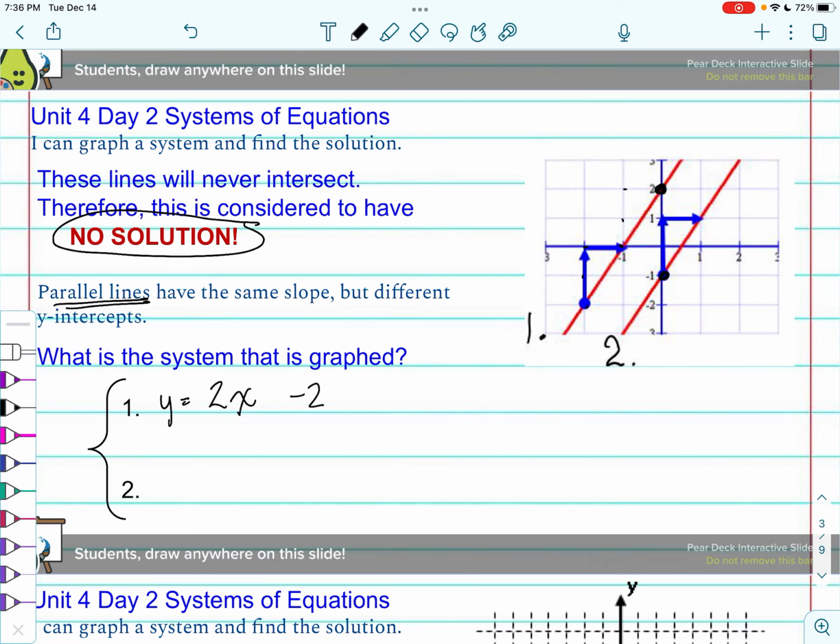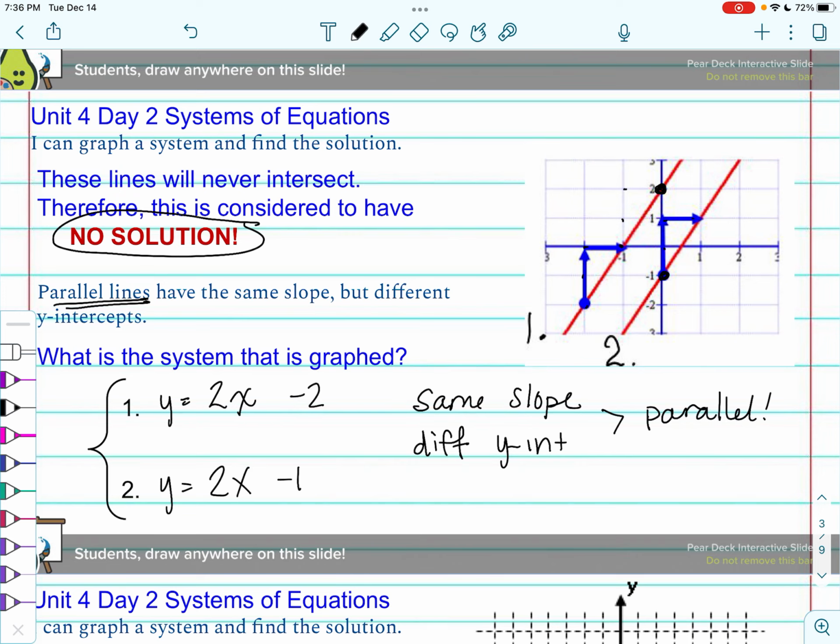For this one my y-intercept is -1, and I go up 2 over 1, up 2 over 1. If they have the same slope, and we have talked about parallel lines in Unit 1, and different y-intercepts, then they are parallel.